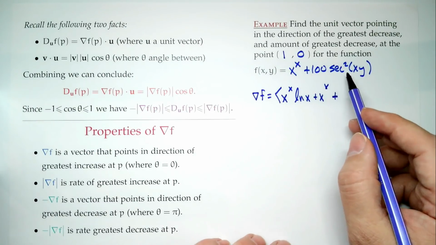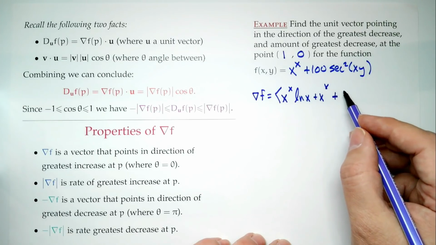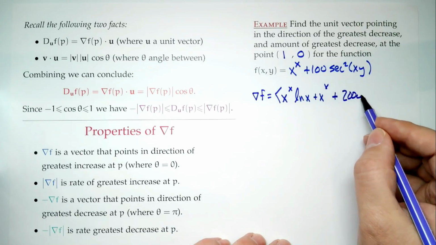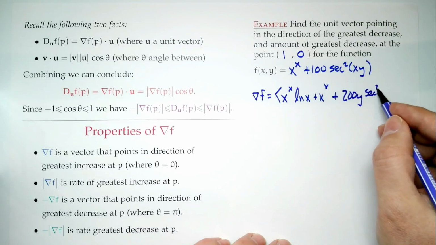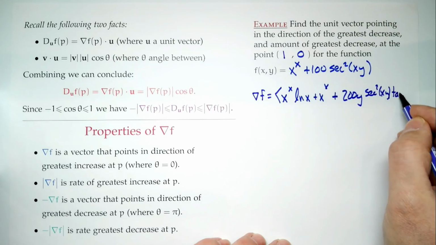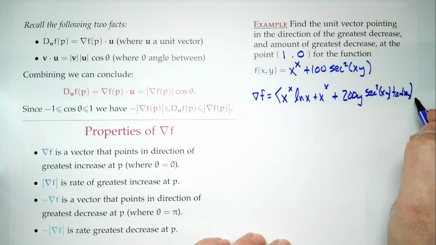Derivative of 100 secant squared of xy will be 200y secant squared of xy tangent of xy. Comma. That's our first entry. What's our second entry?